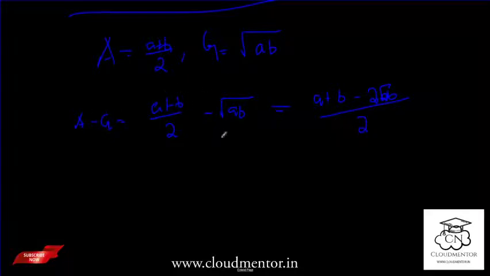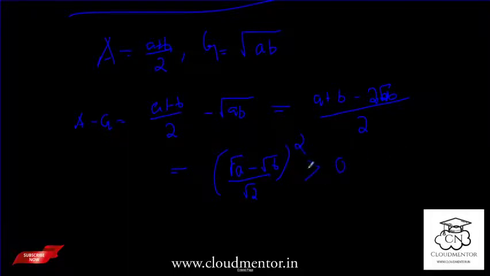That I can write as (root a minus root b) the whole square divided by 2, which is greater than 0, because a and b are positive.